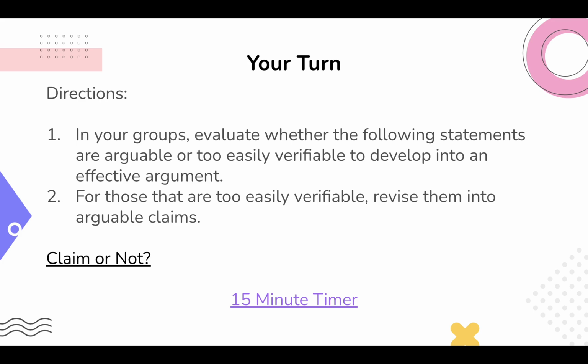Meaning, can I look up the answer and is it a yes or a no answer, or is this something that's really arguable? If it's one of those things like the grass is green, that is verifiable, I want you to rewrite and revise them into arguable claims. Once you finish, go ahead and submit.